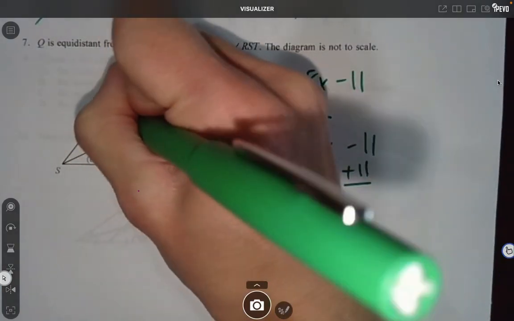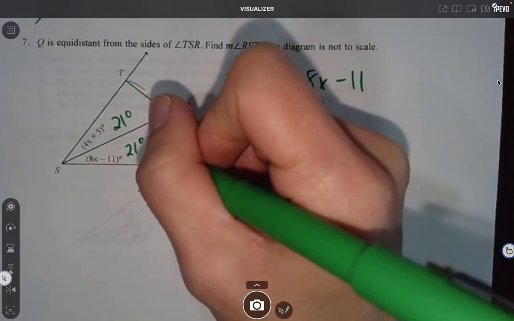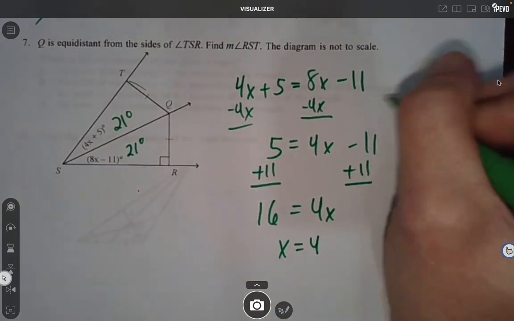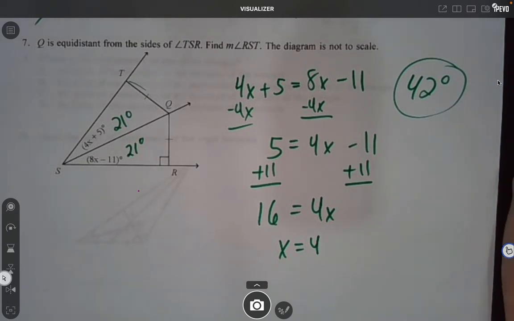So if this one's 21 degrees, the other one's 21 degrees. Or you could plug it in and see. So what's the whole thing? Okay, so that's my answer. Is everybody okay with that? Any quick questions? We're good with that one? That's like algebra right there.